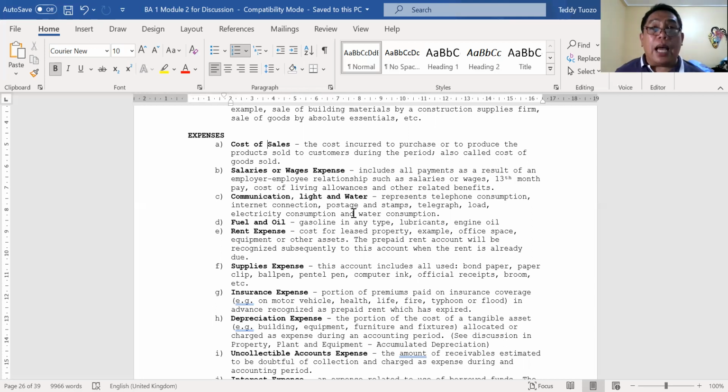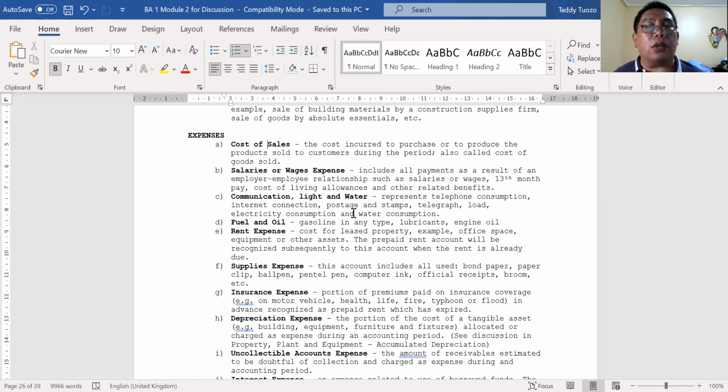Rent expense, the one you recorded earlier, the advance rental, is prepaid rent. When you have consumed the space, then the time that has lapsed, the proper recording is to record the prepaid rent to rent expense. Supplies, again, our office supplies and used supplies.